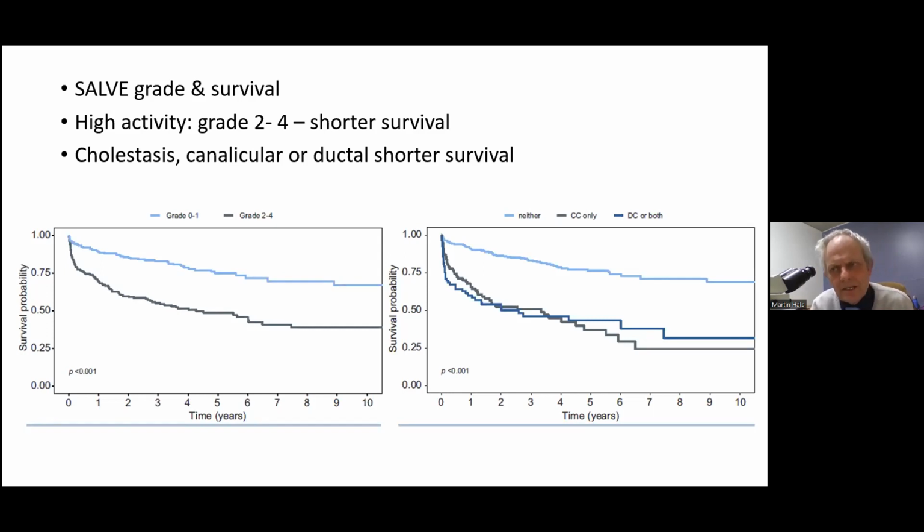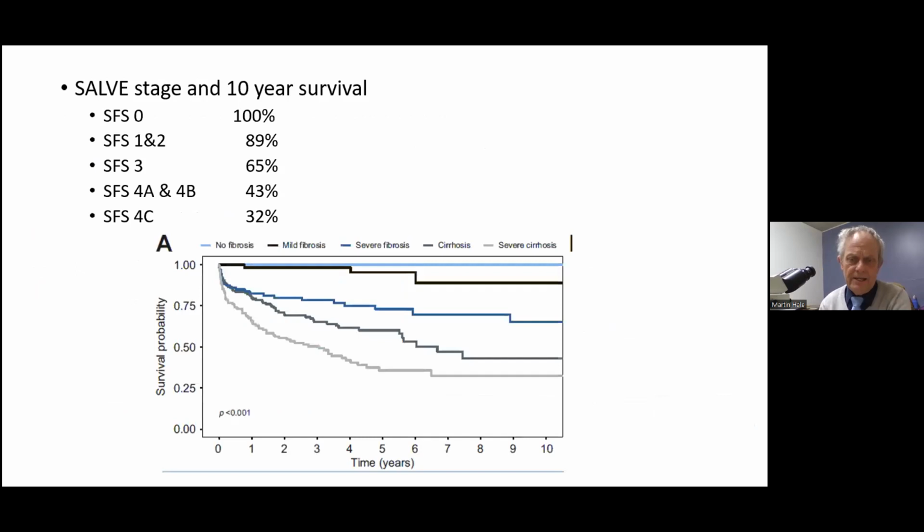Admittedly, the clinical situation was a little bit different in that many of those patients, in fact, had acute alcohol hepatitis, and had been binge drinking, for example, at the weekend. So those are the survival curves for activity. Next slide, please.